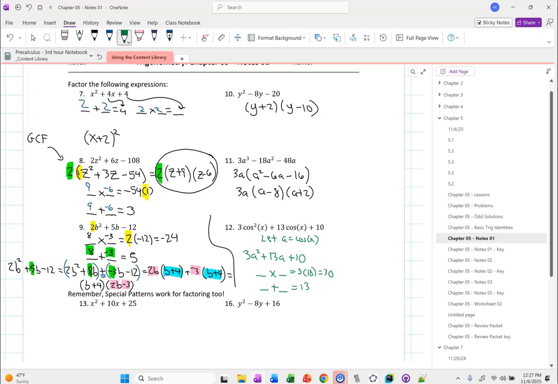Negative 2 and 15 multiply to give you negative 30, not positive 30. 2 and 15 add to give you 17. Oh my gosh, 3 and 10. 3 and 10. That's the ticket.